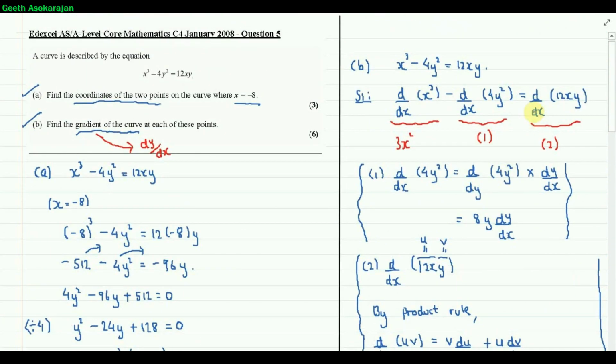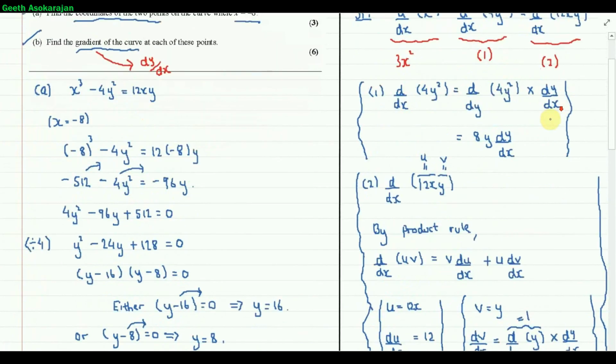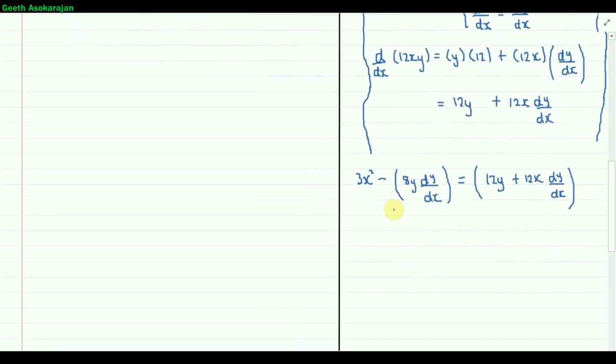Now on the right, d by dx of 12xy, we call that number 2, and for number 2 we had all of this. So that is equal to another bracket, 12y plus 12x dy over dx, close bracket. So that is what we have upon replacement into our equation.